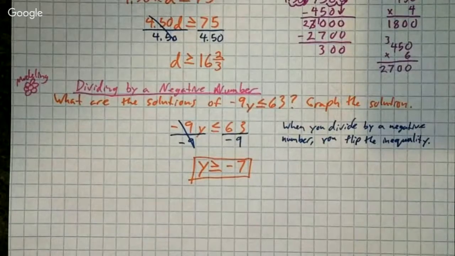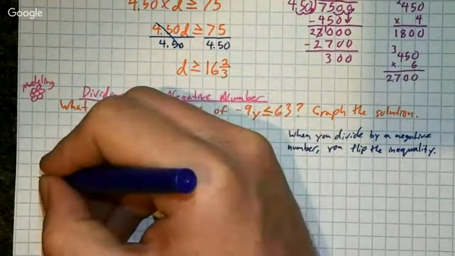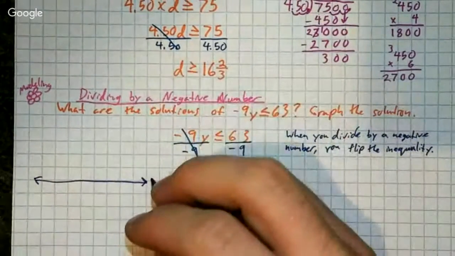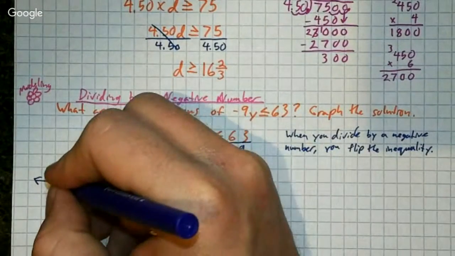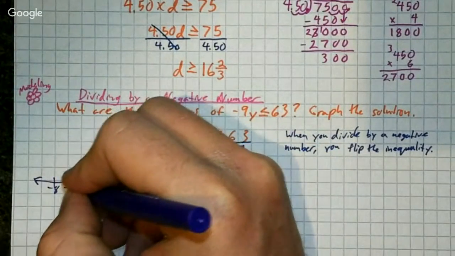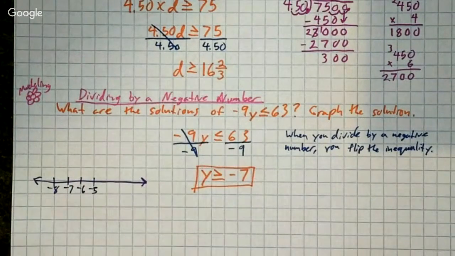Now we can go ahead and graph that by putting our number line. Saying, let's make this negative 8, negative 7, negative 6, negative 5, and so on.